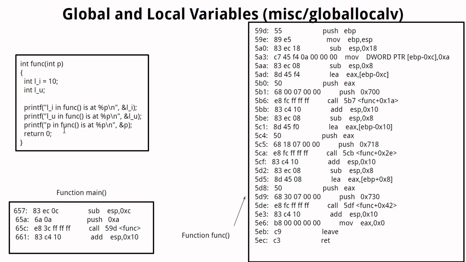Let's see. This is actually the same program we looked at before. We have the main function, we have the func function. So I have a little bit of assembly code snippet there for the main function, which is actually the call to the function func.